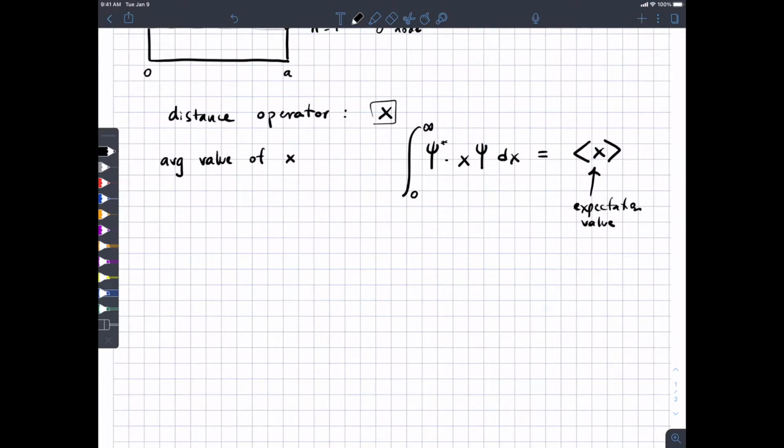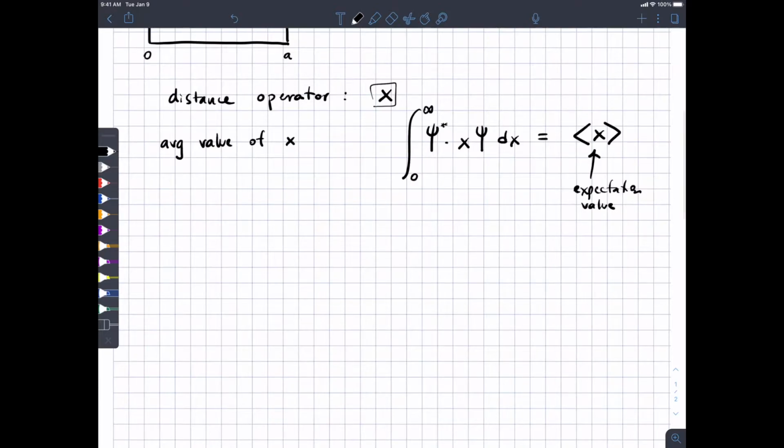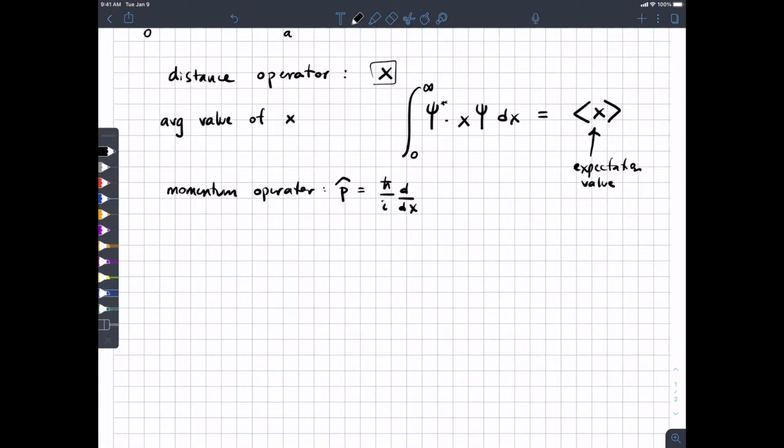You can do this with momentum. Remember, we said the momentum operator P with a little hat is equal to h bar over the imaginary unit d over dx. So if we want to know what we expect for the average momentum of the electron throughout all space, we would simply apply the momentum operator to the wave function.